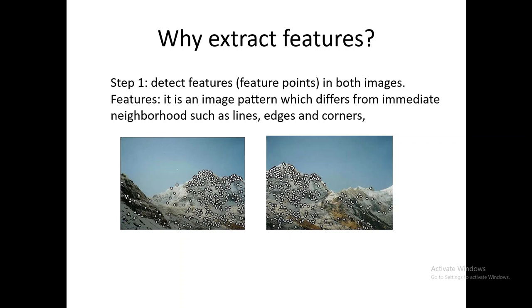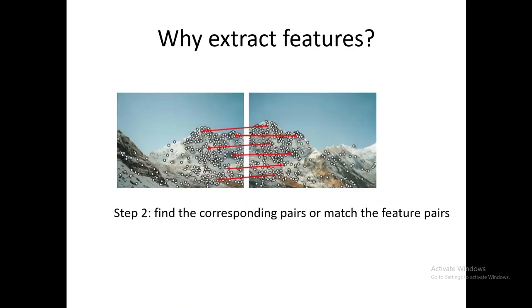Here we have selected a bunch of points in both images, and these are going to be our feature points. The next thing we do is find the corresponding pairs, or match the feature pairs.